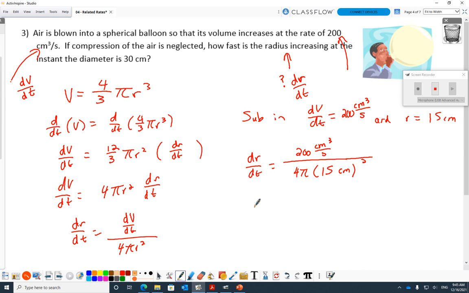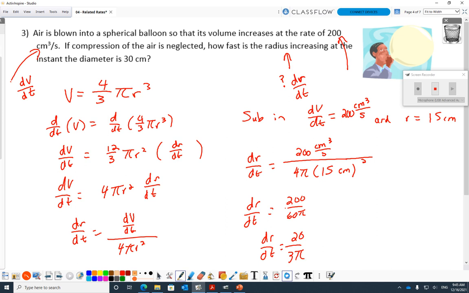I know I'm carrying those units around, and I want to talk about that, but what do we get? 200 over 60 pi, which I'll reduce to... No, that's completely wrong.